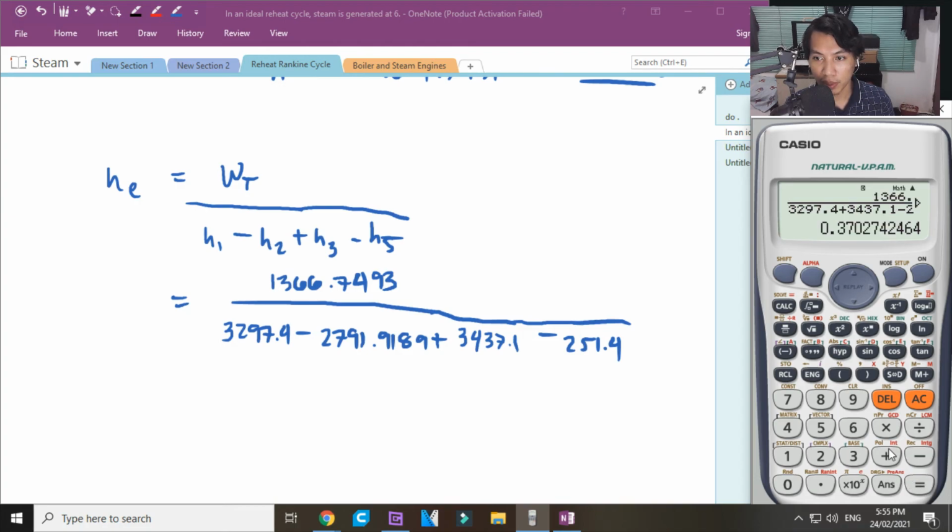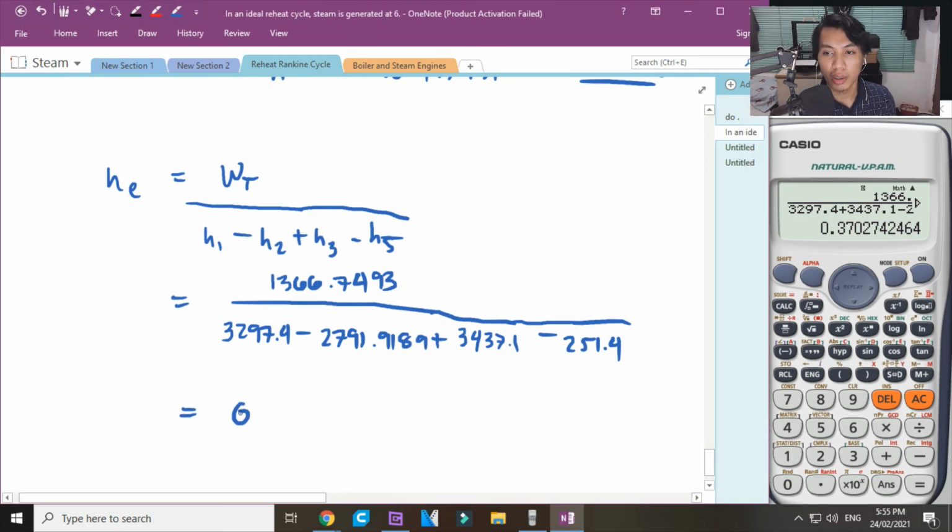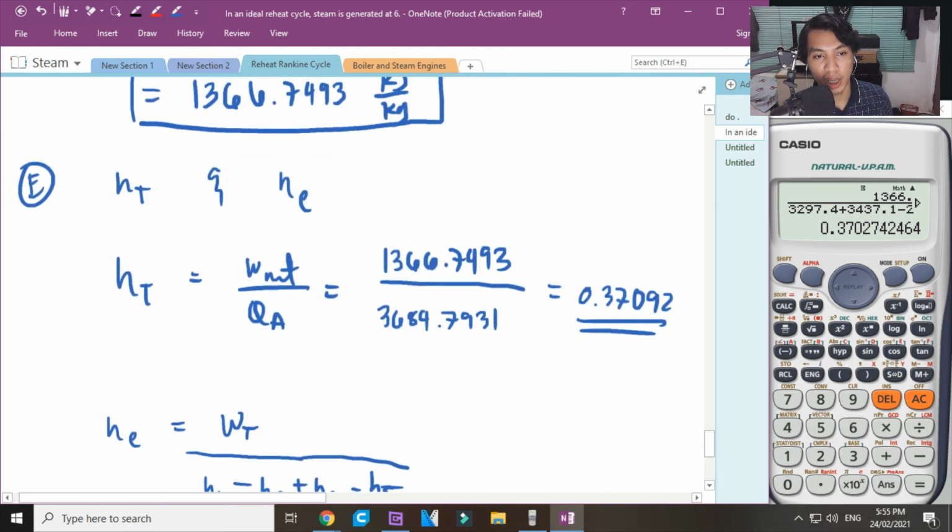Medyo maliit to. 37 pa rin. Tama, 0.37027. Yan. Same lang. Okay? Yan. So, nasolve na natin lahat.